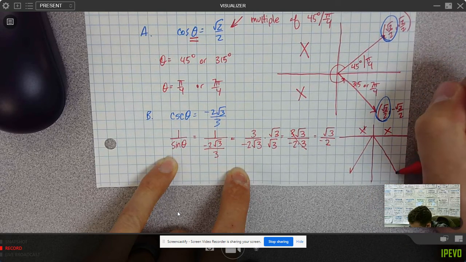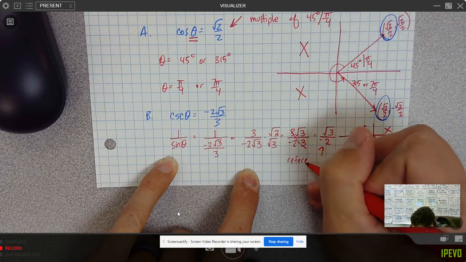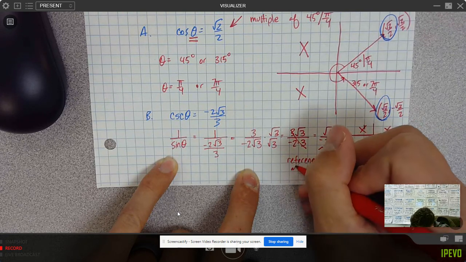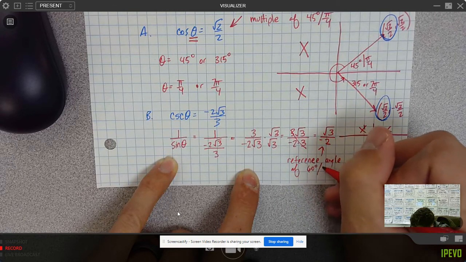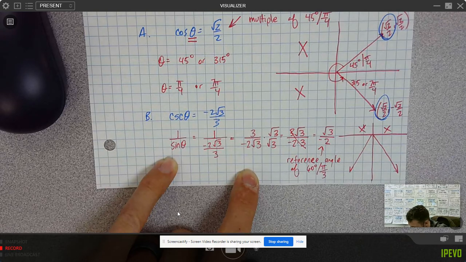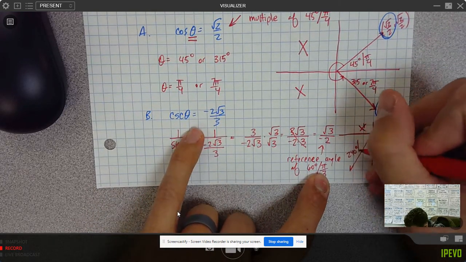Okay, so in quadrant 3, this is going to give us 240 degrees or 4 pi over 3. And in quadrant 4, this is going to give us 300 degrees or 5 pi over 3. Okay, so it gives us those two specific values right there.